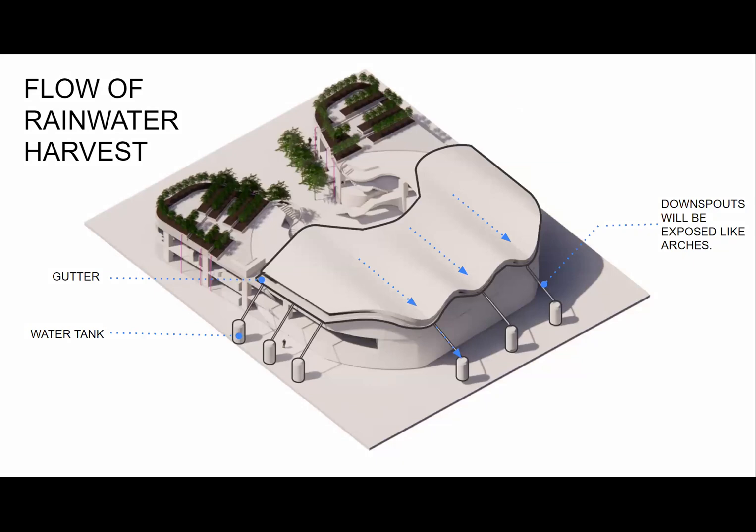And so it's a rainy roof. We're planning to have the downspouts be exposed like arches so that people can go around. If people came from the main road, they can go around the urban fabric.